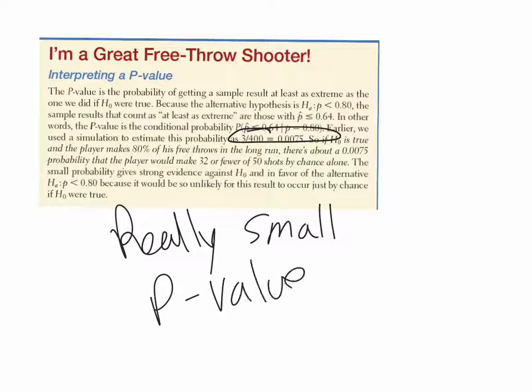So we're starting to wonder now, is that shooting percentage, him shooting less than 80%, his true shooting? Is that likely or possible? This gives some evidence that it might be.